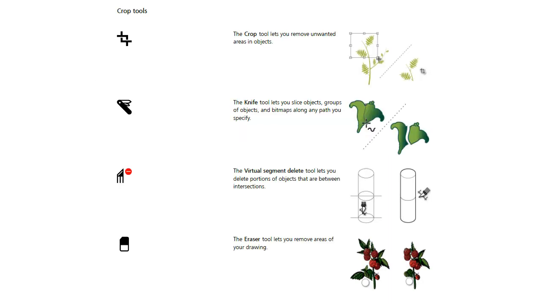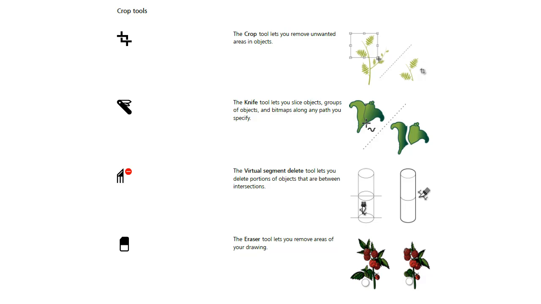Crop tools. The Crop tool lets you remove unwanted areas in objects. The Knife tool lets you slice objects, groups of objects, and bitmaps along any path you specify. The Virtual Segment Delete tool lets you delete portions of objects that are between intersections.